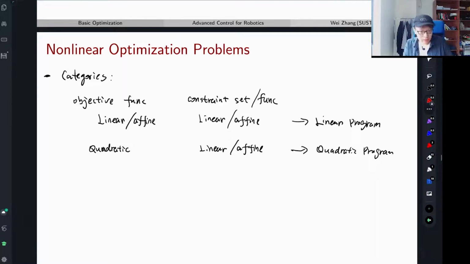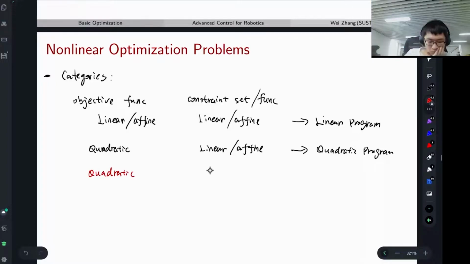That really means this. But of course, there's some kind of ambiguity in terms of this terminology. You could also say the objective is quadratic, then the constraint set is also quadratic.